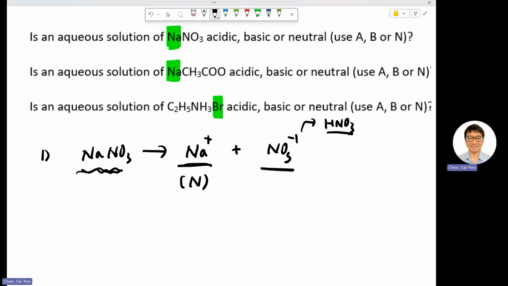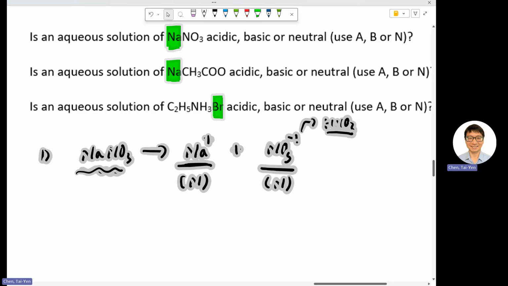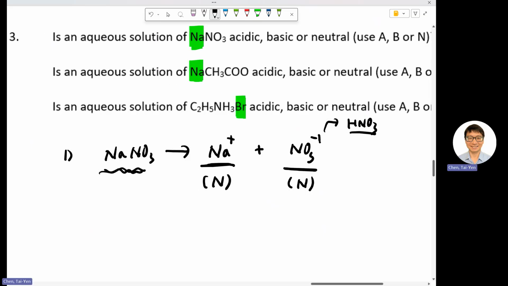HNO3 is a strong acid. Therefore, this one is also neutral. Neutral, therefore this will be a neutral solution, a neutral salt solution.